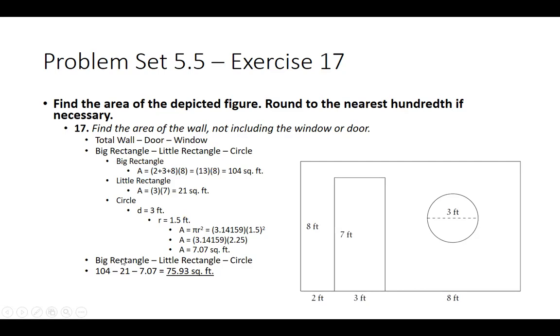So now execute our plan. The big rectangle minus the little rectangle minus the circle is 104 minus 21 minus 7.07, which gives us 75.93 square feet.